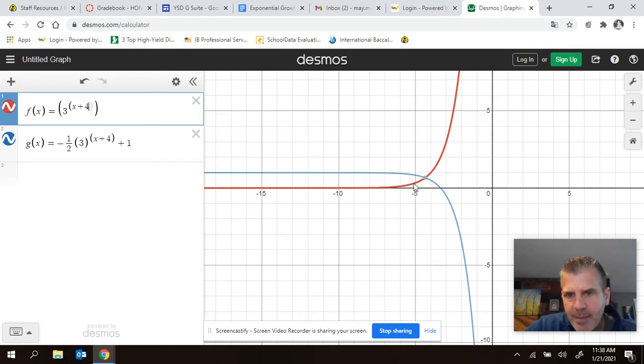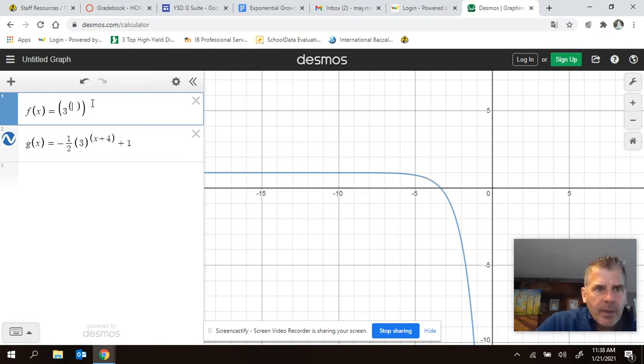Now you can track that by this number right here. The original didn't have the plus 4 in here, but it was over here. It crossed over at 1 and it went left 4 there. All right, so we can definitely see that this has transformed.